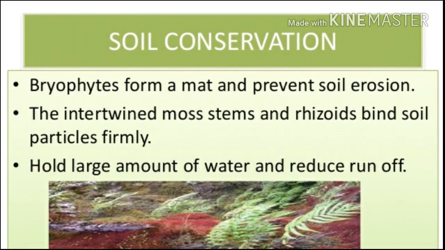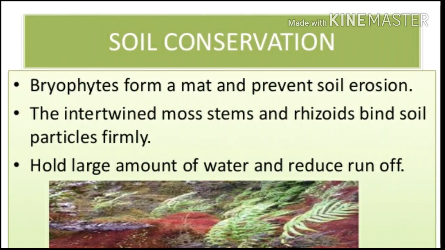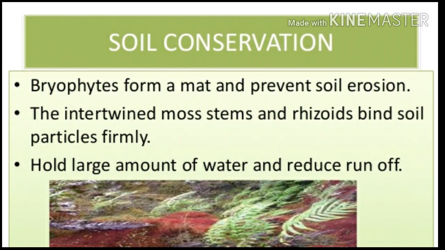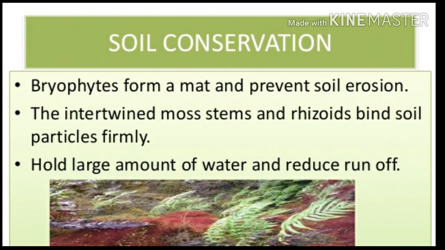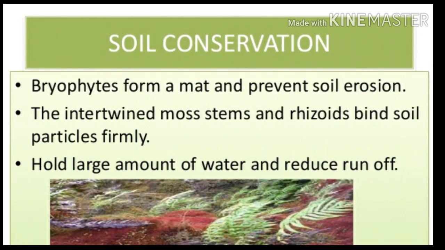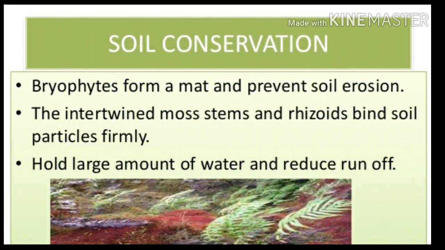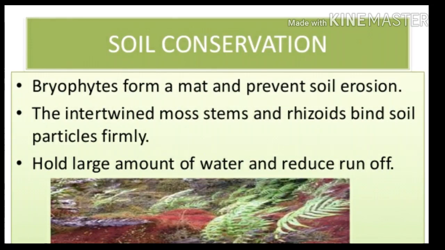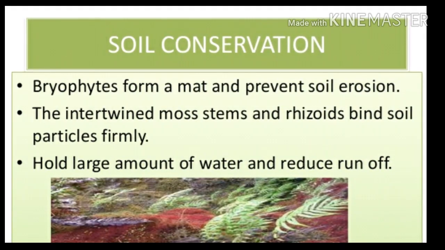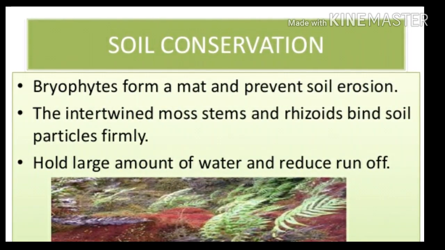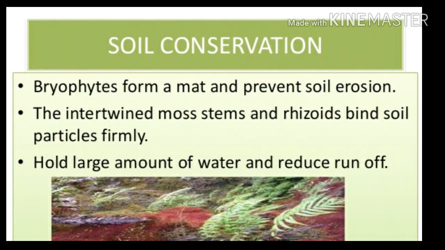The next slide is soil conservation. As we discussed, they form a mat-like structure that does not let soil go by air or water. They bind soil particles with their stem or rhizoids too. The matting density is so high that they can hold a large amount of water.